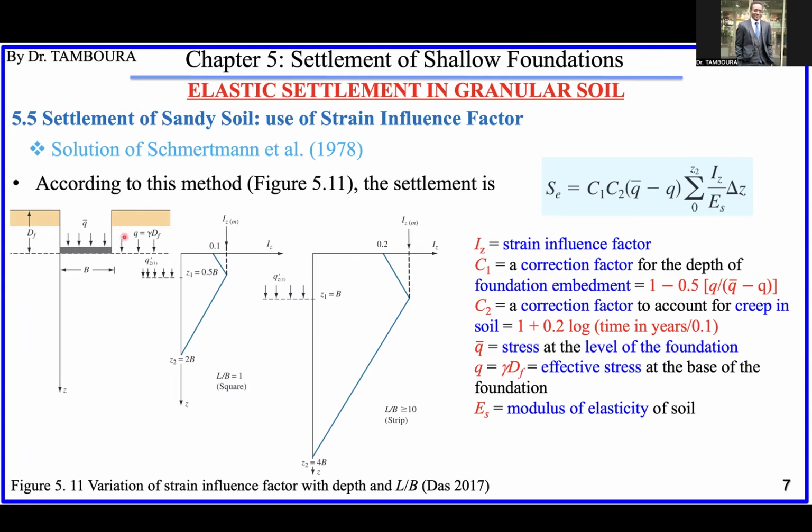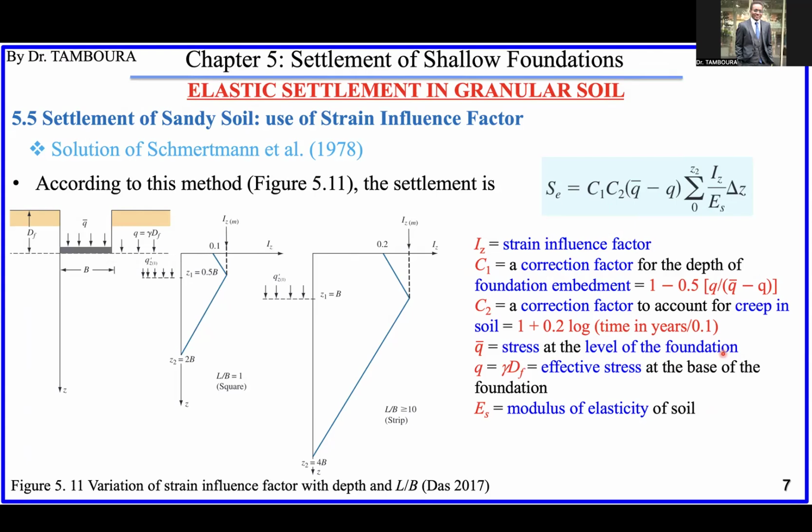Which is different from this Q. This one is just the overburden, like recharge, which is easy, gamma multiplied by DF, effective stress at the base of the foundation. So I think the difference is very easy to understand. This Q bar is the load coming on the footing, the stress at the level of the foundation.